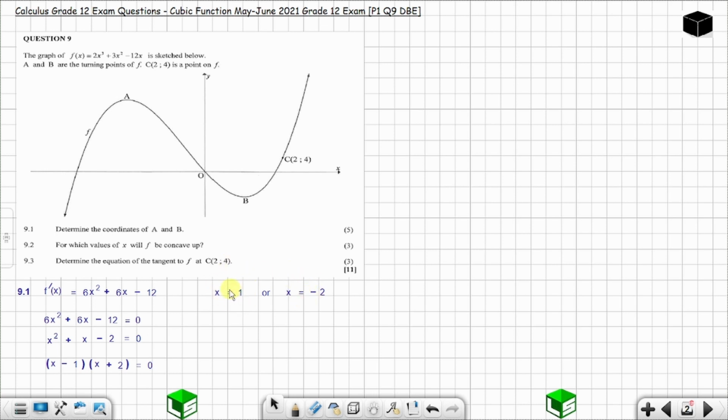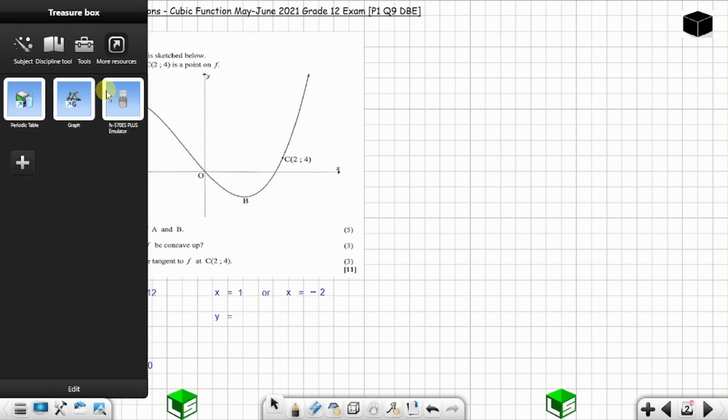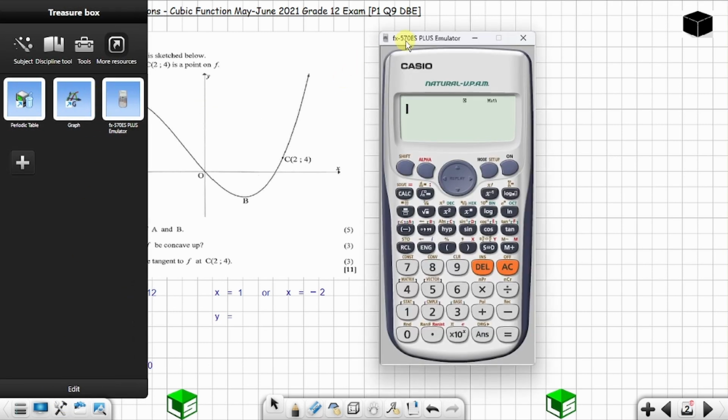Let's start with f of 1. So you plug 1 wherever you have x. So y is equal to, plug 1 inside the original equation so that you can have the y coordinate. Let's do that. I'm going to use my emulator.